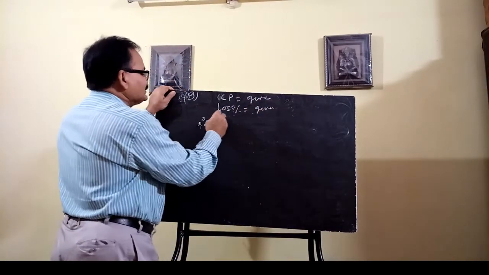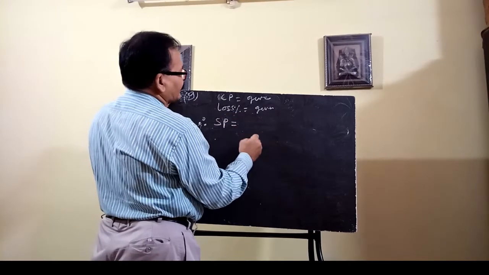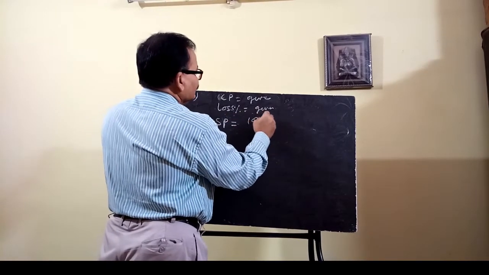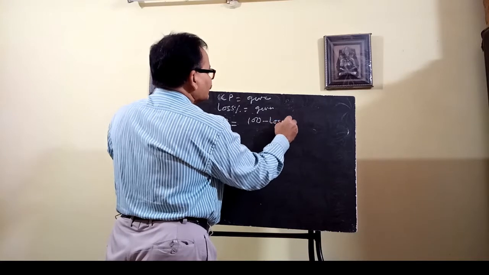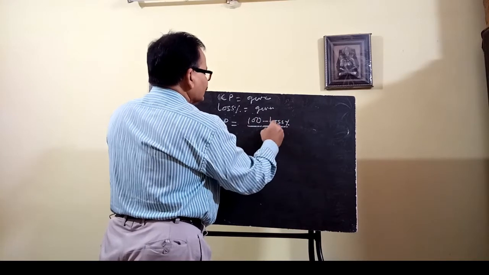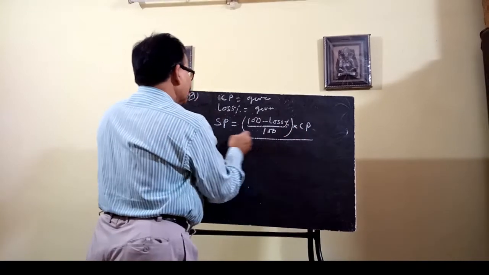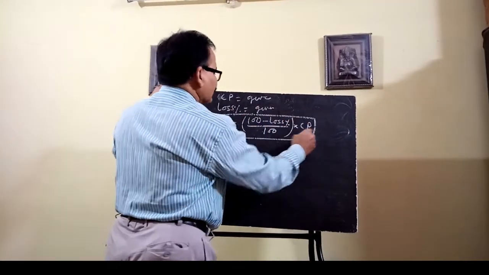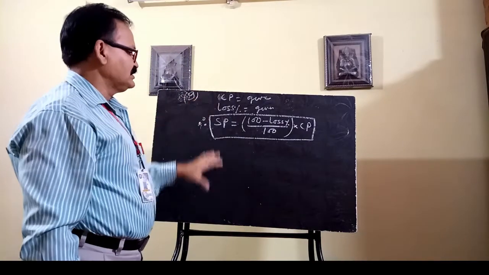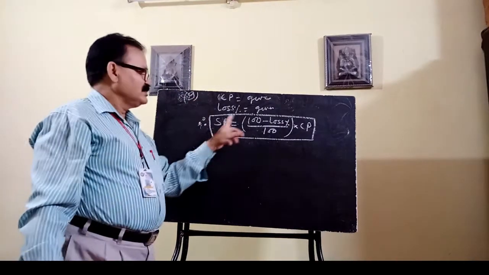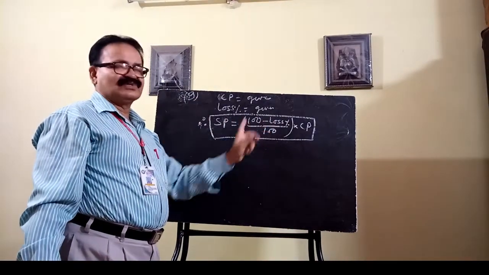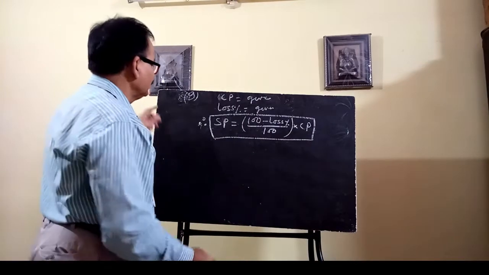Therefore, SP can be directly calculated by 100 minus loss percent by 100 into your CP. Here you can directly find out the SP. For loss percent you have to put a negative sign, minus sign.